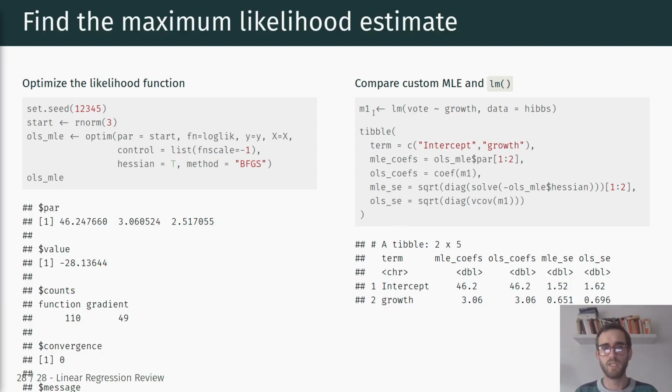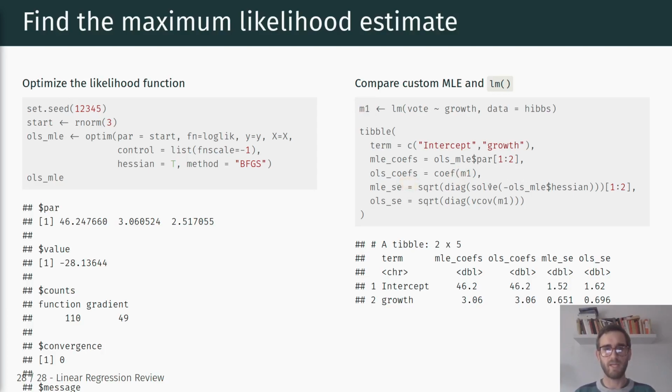Okay, again, we're just estimating a basic linear regression with vote as the dependent variable and growth as the independent variable, and then we'll create a tibble that combines both our maximum likelihood coefficients as well as the OLS coefficients based on this model, as well as the standard errors.